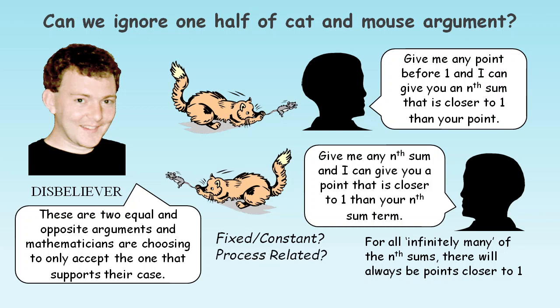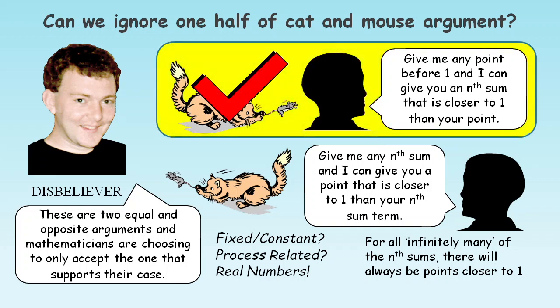But they, the mathematicians, want to justify their preconceived notion of so-called real numbers, in which a real number has a fixed place on the so-called number line. So they choose to only accept arguments that fit with what they want to be true. Here, they want the first argument to be valid and the second argument to be invalid.